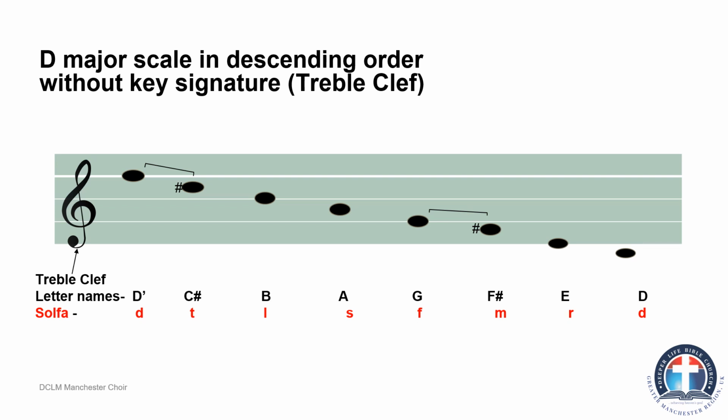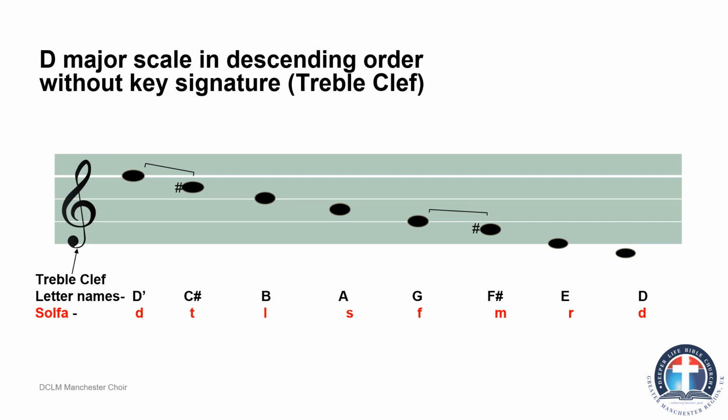Now remember that in descending order, we do not use the rule of major scales. So you cannot say, let me apply the tone, tone, semitone, tone, tone, tone, semitone, because this is descending order. You will always see scales run in ascending order in musical pieces if they are to present a scale.